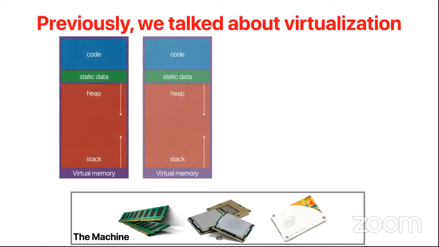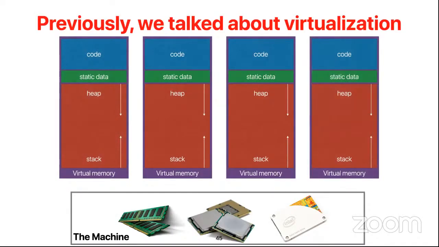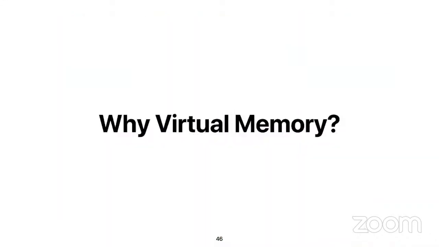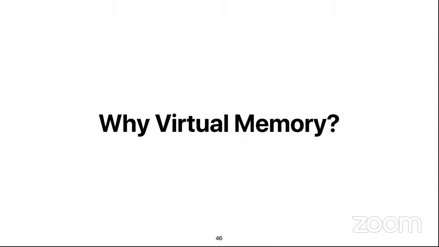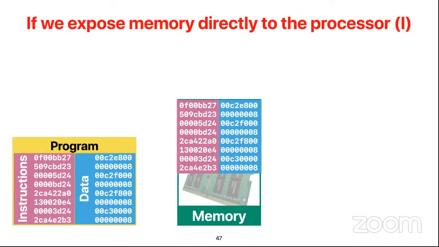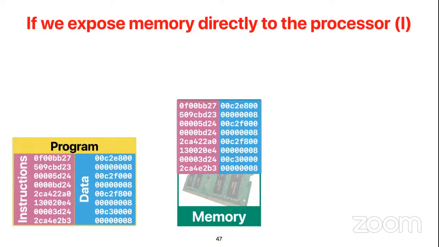Previously we mentioned that for process abstraction, not only do we manipulate the processor, it's also important that we have the capability to share the DRAM. But what's the issue of sharing the DRAM and why do we need virtual memory? Think about it: you're programming, and you have a set of memory, and if your memory capacity is big enough, yes, you can accommodate one program.